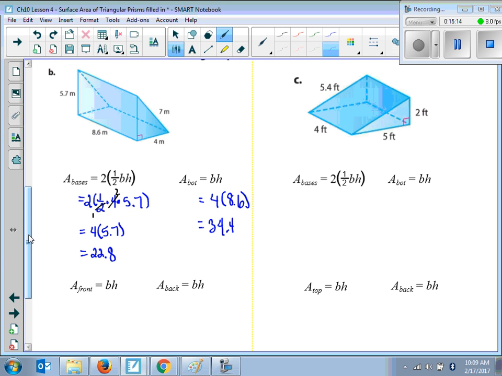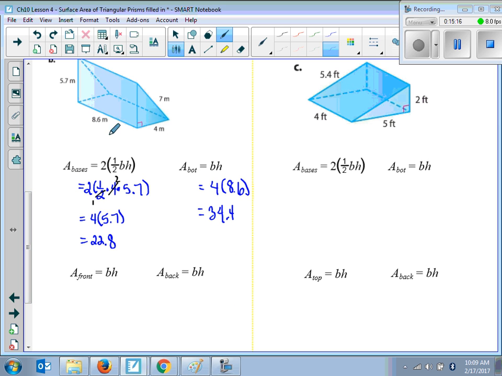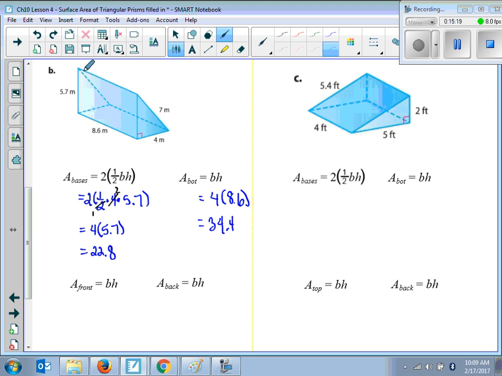Okay, and now we want to find the area of this front face. So that's this front face right here. Okay, and that's a rectangle, and that's going to be base is 8.6 and the height is 5.7. Very good.